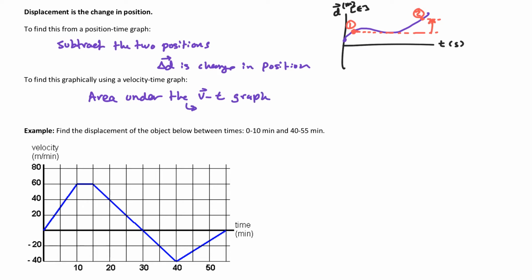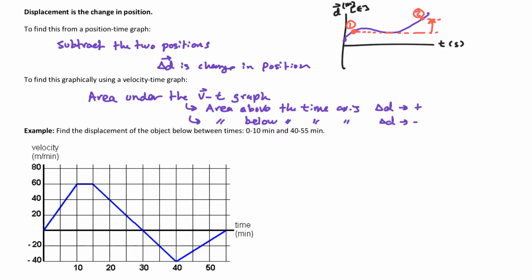And the area above the time axis will mean that the displacement is positive, or in the positive sign convention, and for areas below the time axis, displacement will be negative.